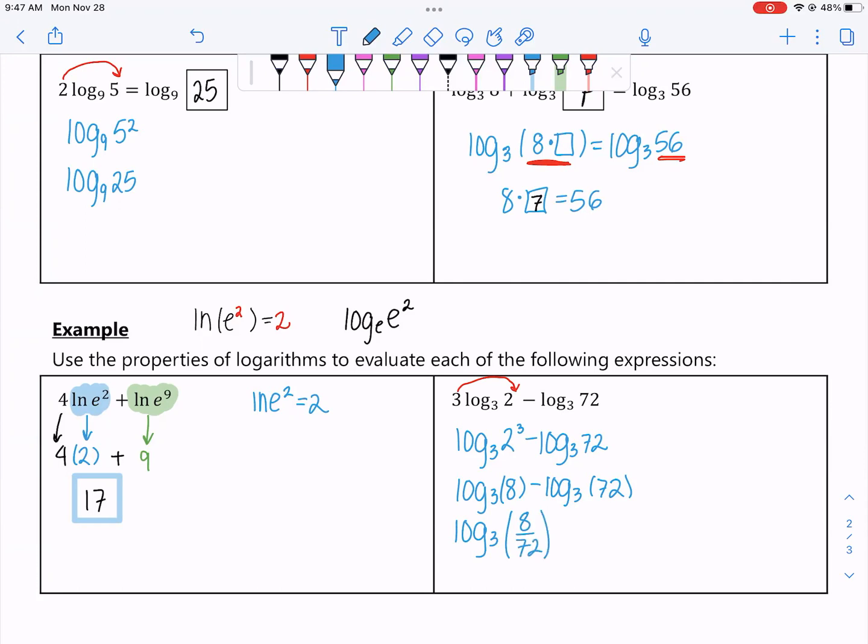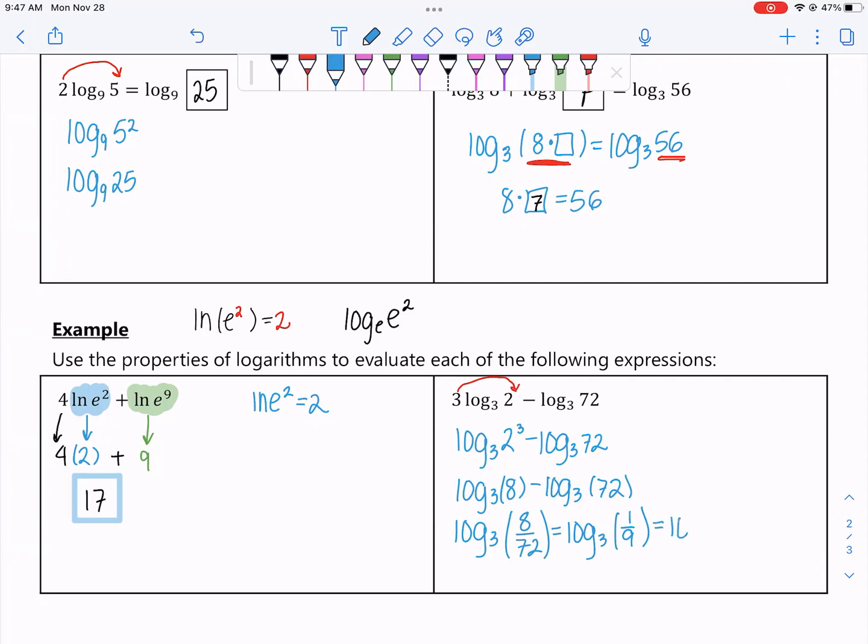Be very careful not to do 72 divided by 8. It's always first number divided by second number. So the minus sign tells us this guy is in the denominator. And we'll talk more about that soon. All right, so this would become log base 3 of 8 over 72 becomes 1 over 9.